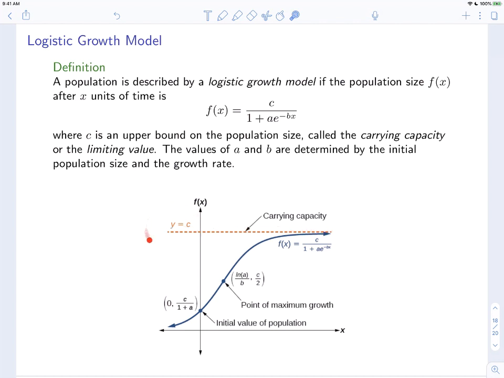In this image, the curve approaches c as x approaches infinity. In the other direction, the population curve is approaching the x-axis, or y equals 0, as x approaches negative infinity. That doesn't really have much meaning for us in terms of population models, because x representing negative time doesn't necessarily have any meaning for us.